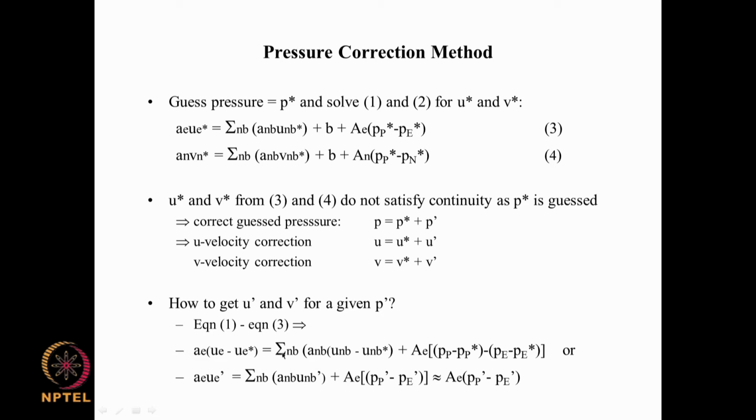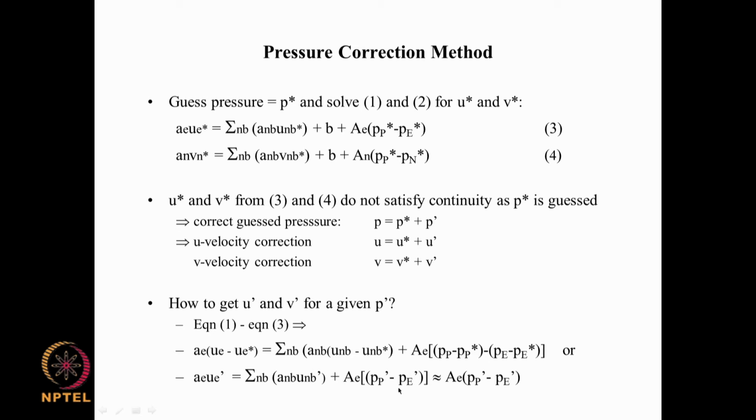Now we know that u e minus u e star is u prime from the definition. So, we can say that this subtraction of 3 from 1 will give us a e u e prime equal to the sum over the neighboring points of a nb u nb prime, plus a e times these two, which are the pressure correction at p and the pressure correction at e.